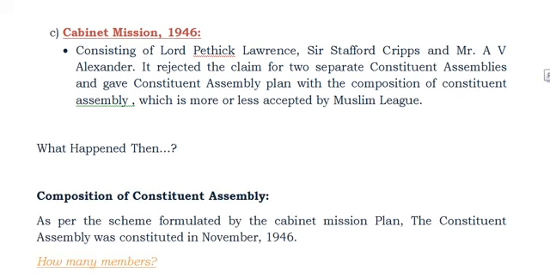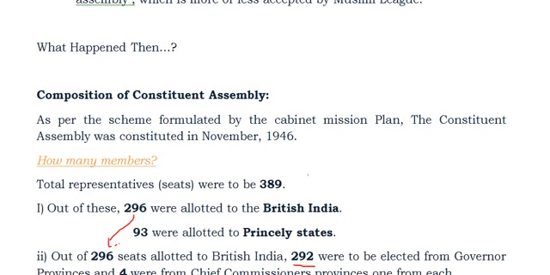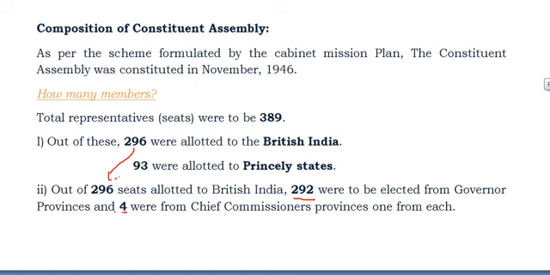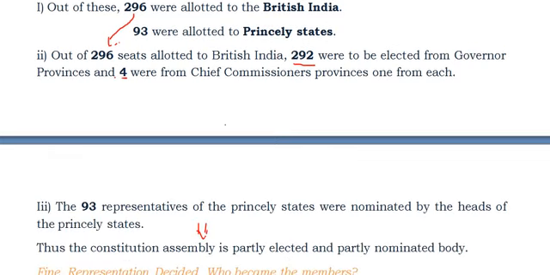It proposed 389 seats, of which 296 were given to British India and 93 to princely states. Out of the 296 allotted to British India, 292 were to be elected from the governor provinces and 4 from chief commissioner provinces, 1 from each.